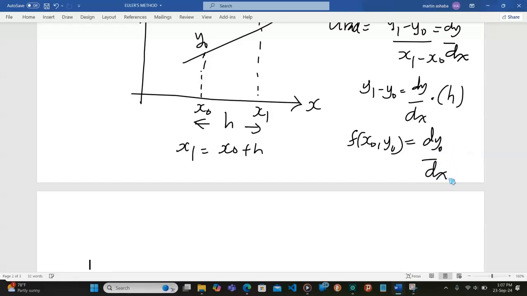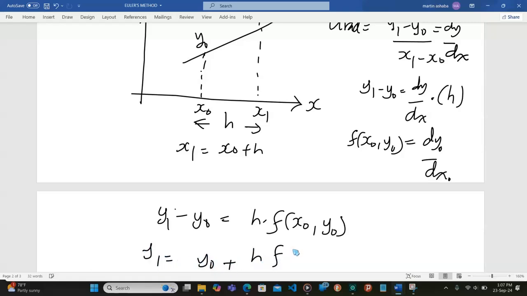So what does that call us to do? If we substitute it back, we'll have y1 minus y naught equal to h times f of x naught, y naught. And if we look at it clearly, y1 will be y naught plus h f of x naught, y naught.